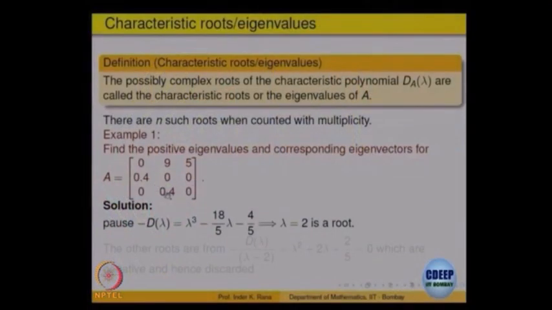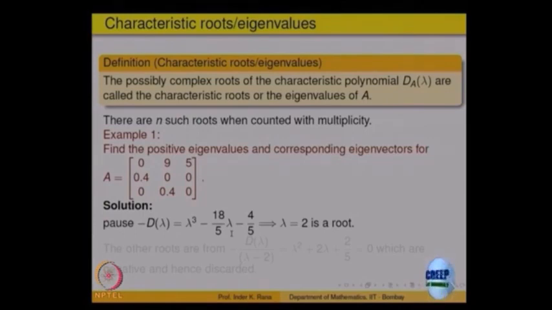So, let us look at this matrix. It is just an example to show you the computation. The determinant of this gives you lambda equal to 2. How do you solve a cubic?